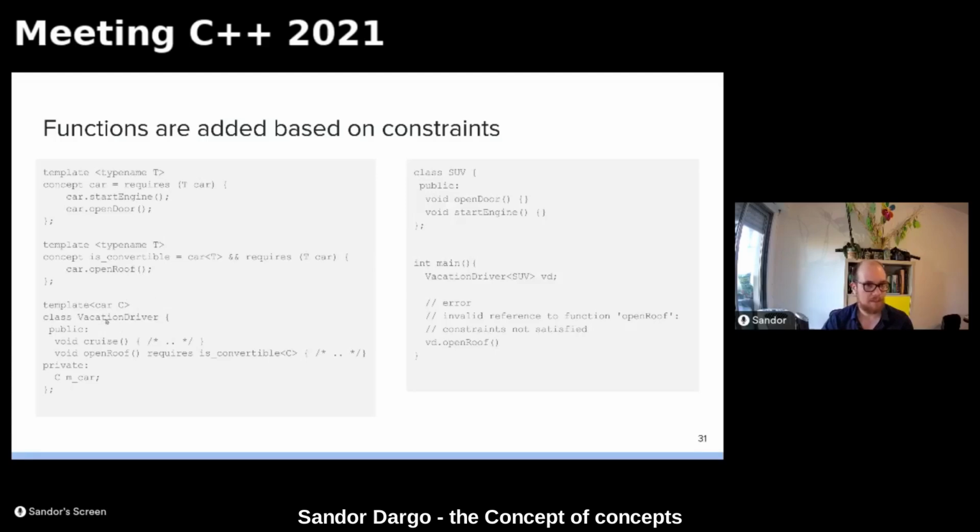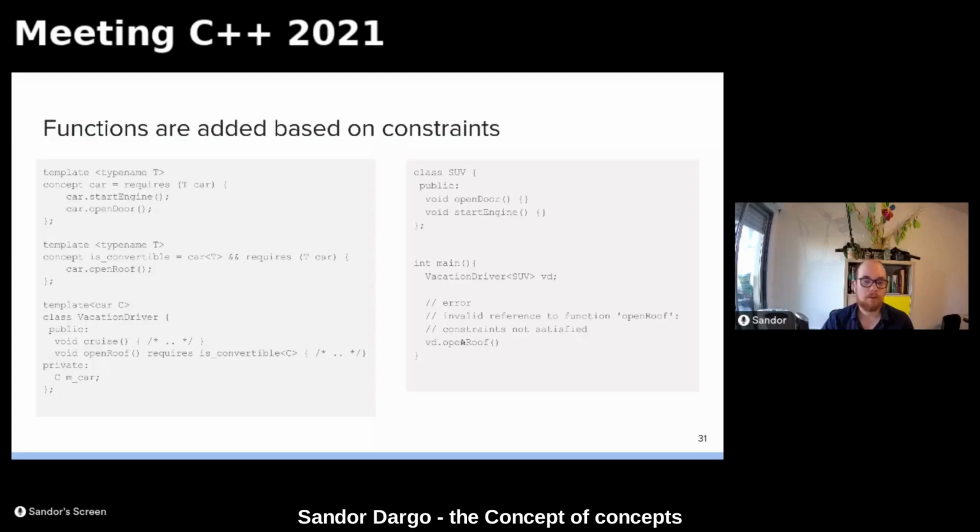And then we have this class template for the vacation driver who wants to be able to cruise with his or her car, and only if this type C, which should be a car, is also a convertible, then you should be able to open the roof. So then we have an SUV, which is not a convertible, so it only has the open door and the start engine functions.